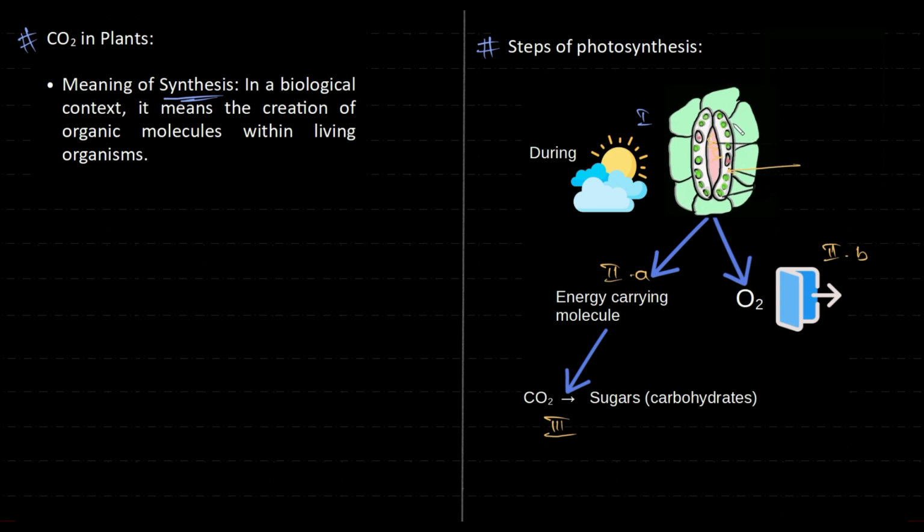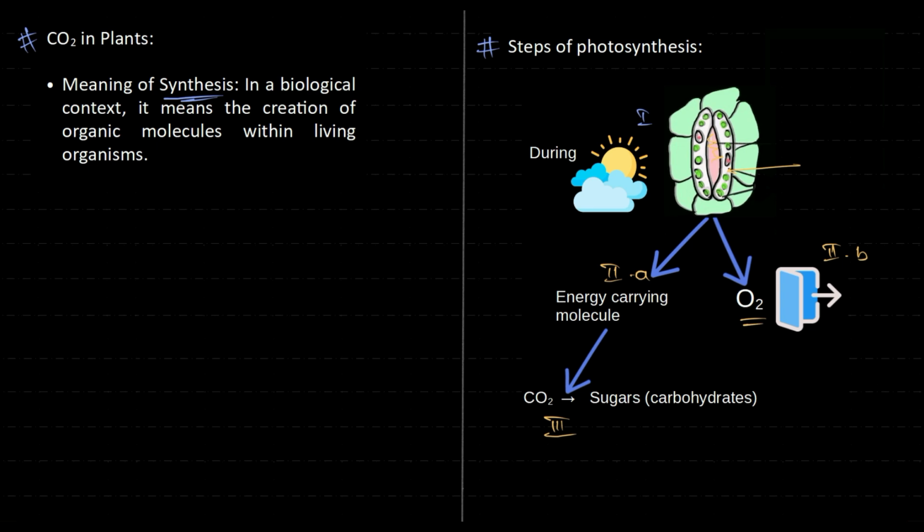And we have the chlorophylls over these green dots per se. So during daytime, the chlorophyll will capture the energy. It will create an energized molecule and also release oxygen that exits your stomata. This energized molecule helps in converting carbon dioxide into sugar.